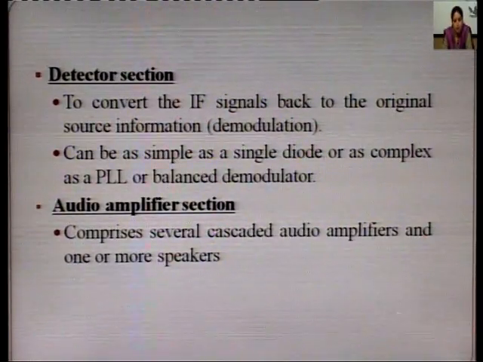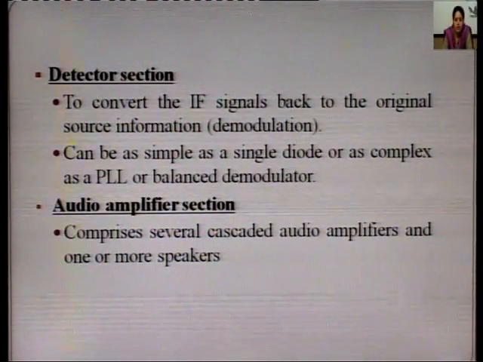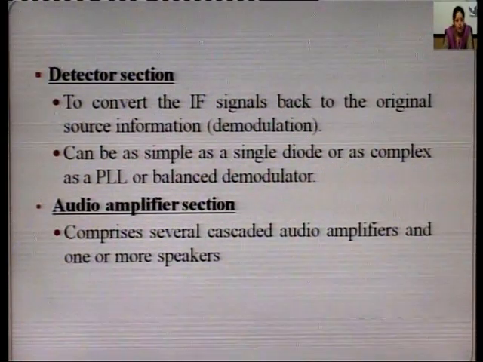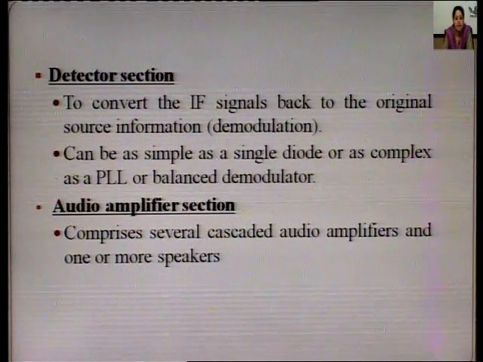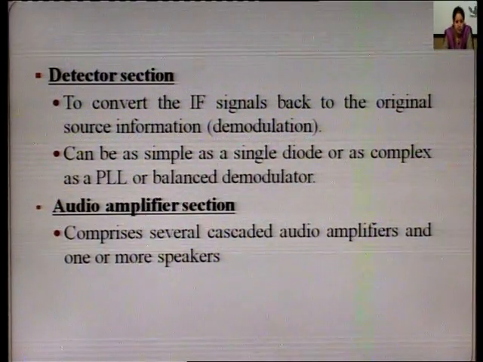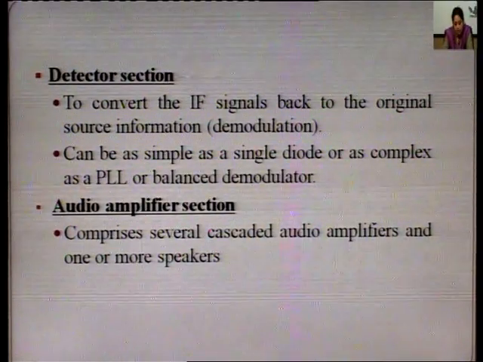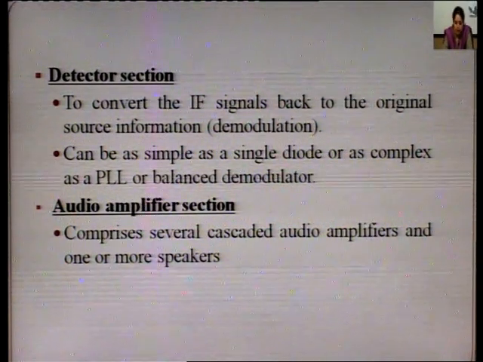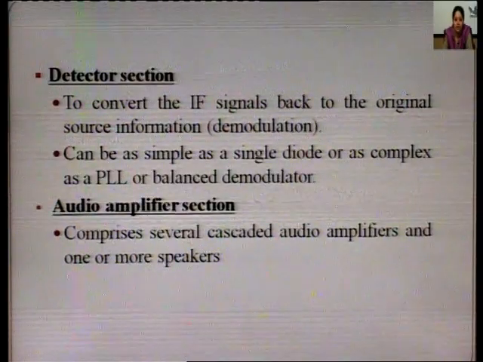It again depends upon the application and what particular requirement you have. Now, at last you have the audio amplifier section. It comprises several cascaded audio amplifiers and one or more speakers, and this section amplifies the signal that you get after the demodulation.